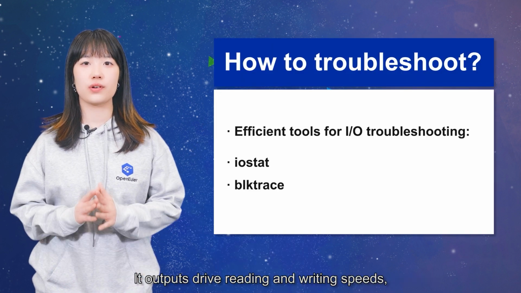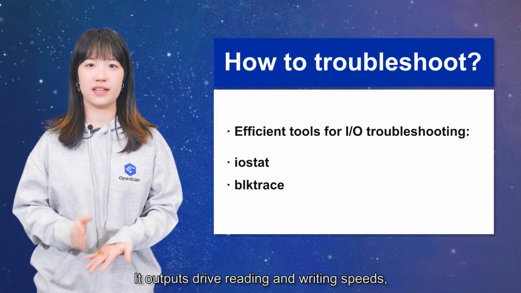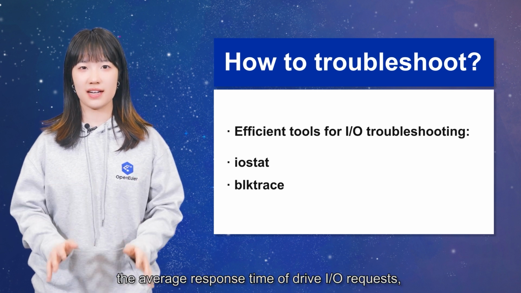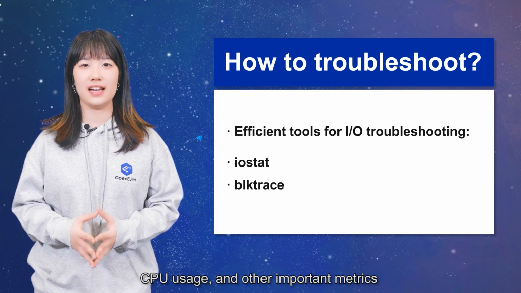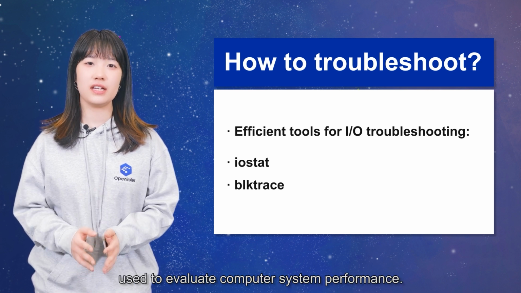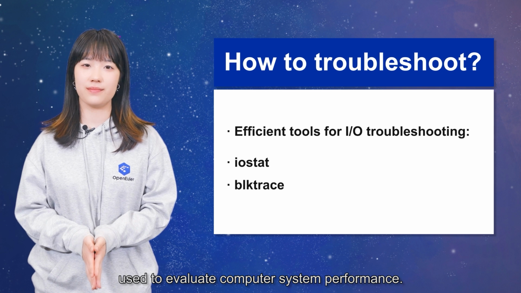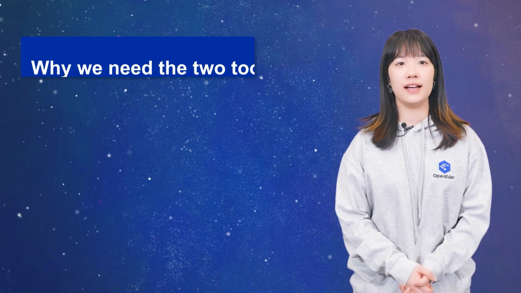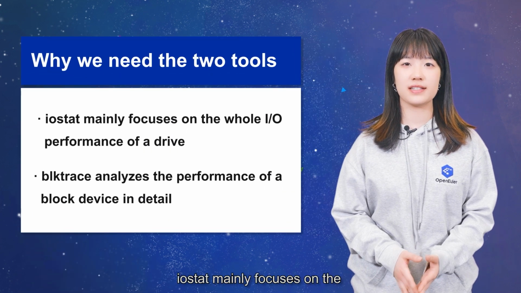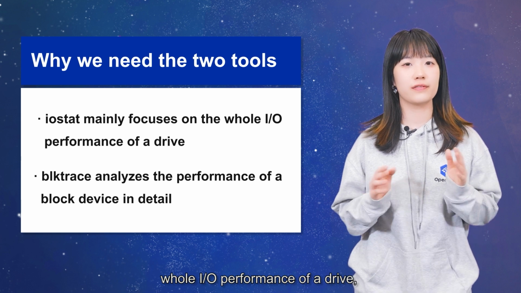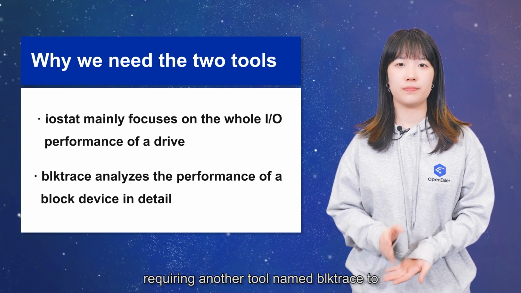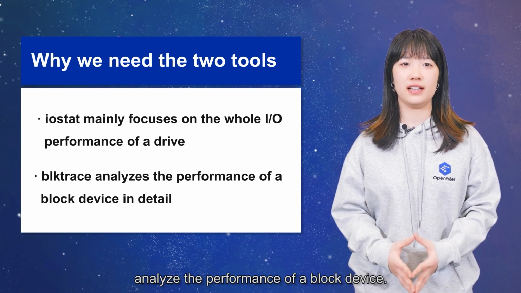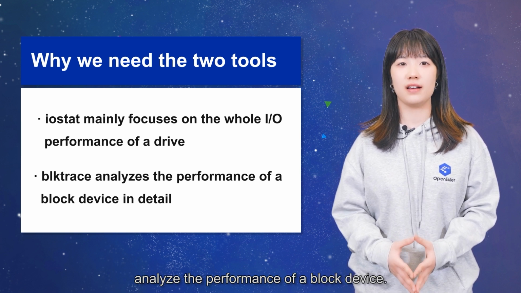It outputs drive reading and writing speeds, the average response time of drive I/O requests, CPU usage, and other important metrics used to evaluate computer system performance. IOstat mainly focuses on the whole I/O performance of a drive, requiring another tool named blktrace to analyze the performance of a block device.